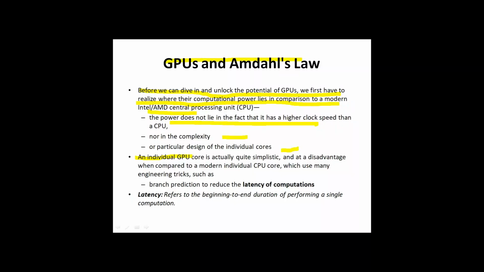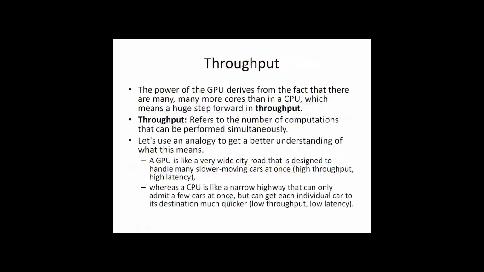A GPU core is actually quite simplistic and at a disadvantage when compared to a modern individual CPU core, which uses many engineering tricks such as branch prediction to reduce latency of computations. But GPU cores are very simple, and their power lies in the fact that they are huge in number. A lot of cores increases the throughput or the efficiency.